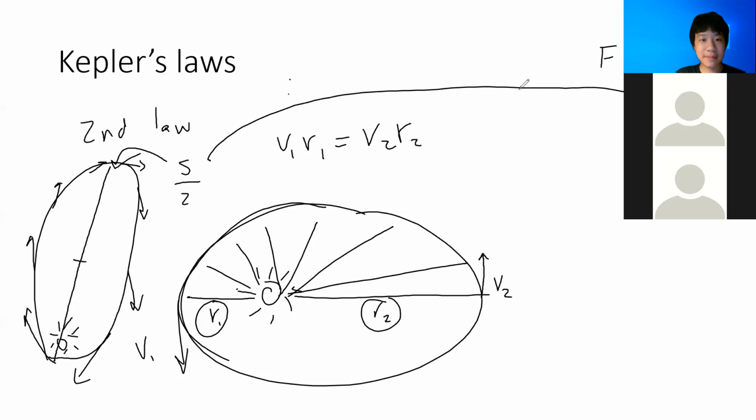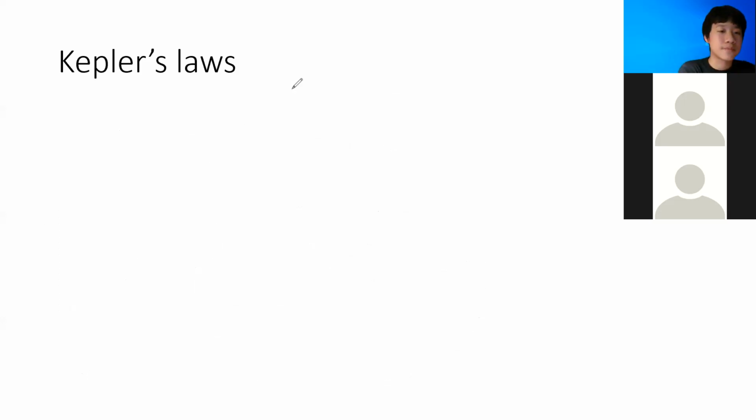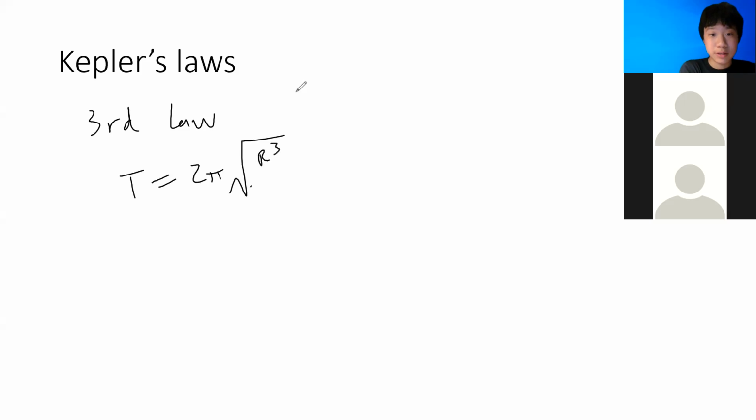So now let's go on to Kepler's third law. From the question that I just solved, we got the period of an object's orbit is equal to 2 pi square root of r cubed over GM.